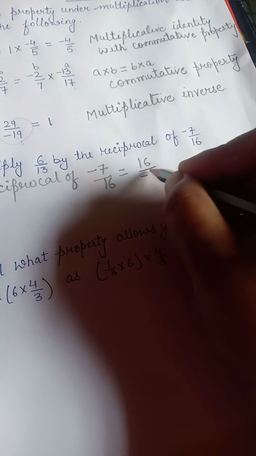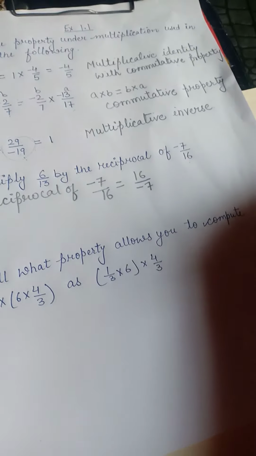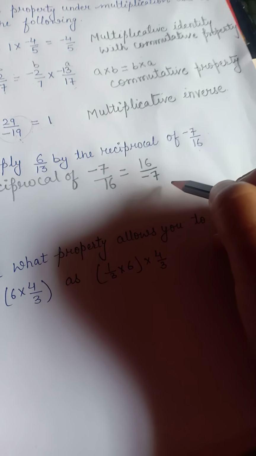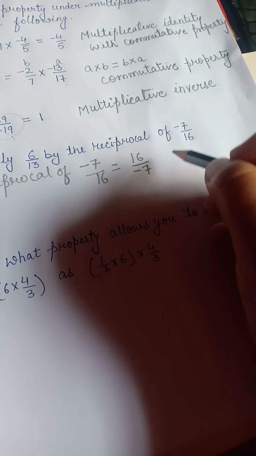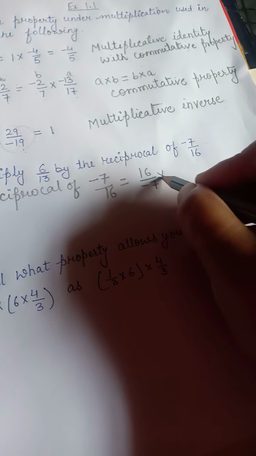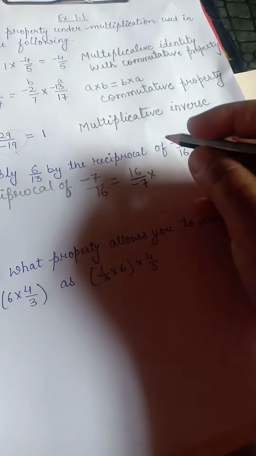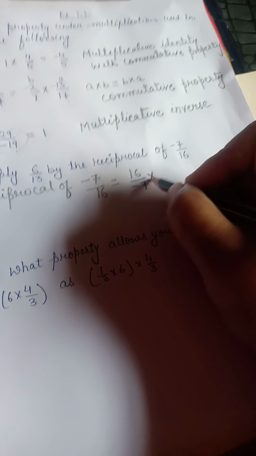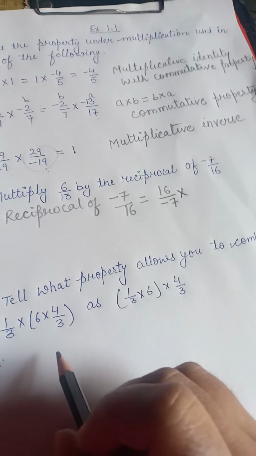16 upon minus 7. As we are not writing the denominator as negative, we can make it positive by finding its equivalent rational number. That is how we can find an equivalent rational number, which you have studied in class 7th also.